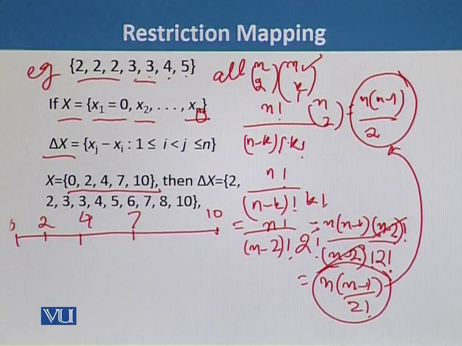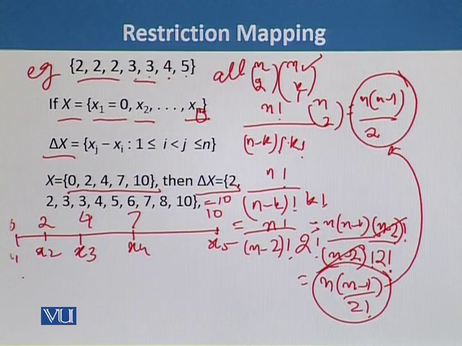For example, then delta X will be 2, 2, 3, 3, 4, 5, 6, 7, 8 and 10. And we can also calculate it like this if we assume 0 as x1, 2 as x2, and x3, x4 and x5. We can then calculate the subsets of this set. That will come out to be a total of 10 elements.